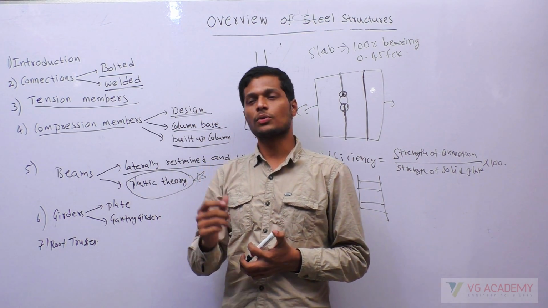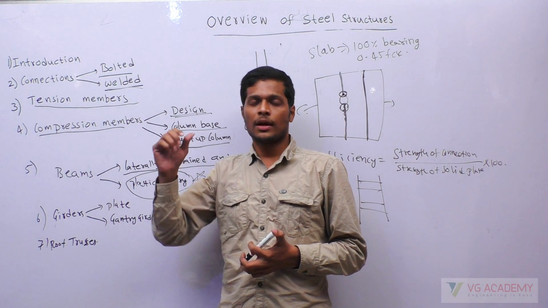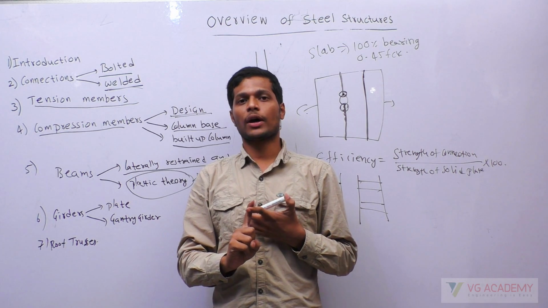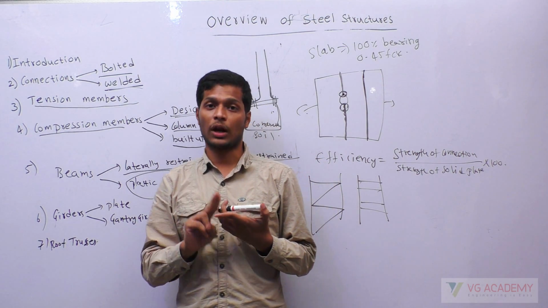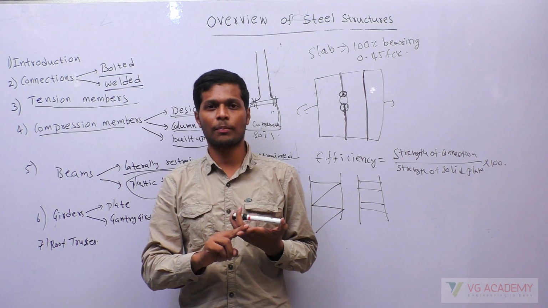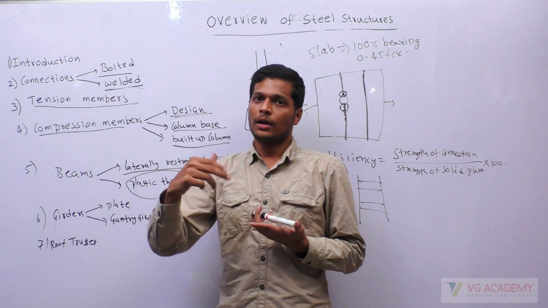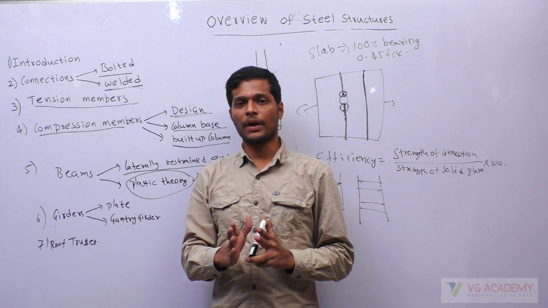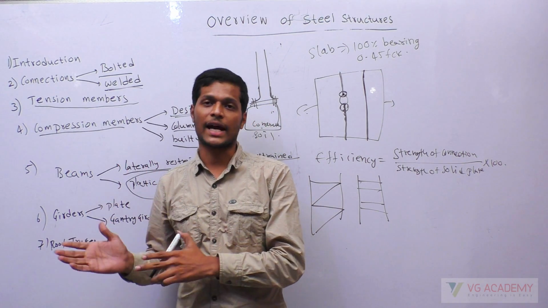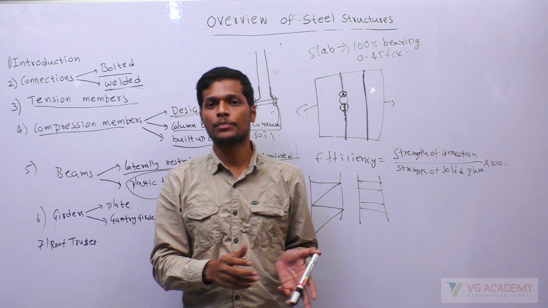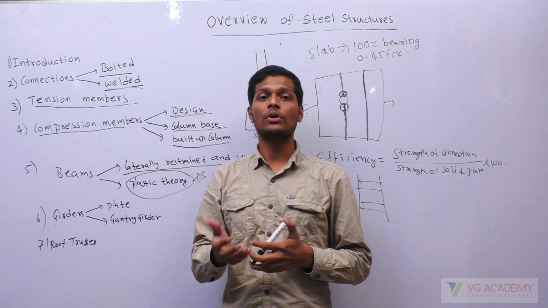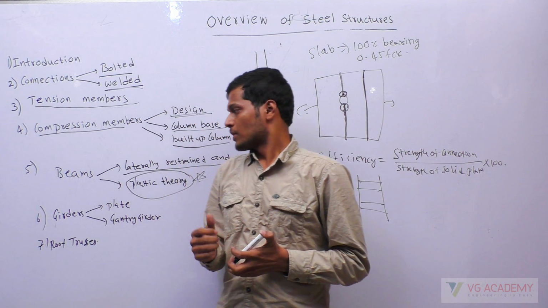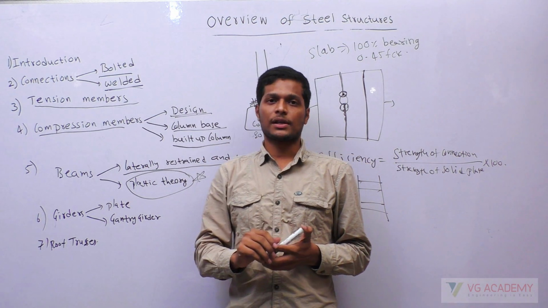For students who are leaving plastic theory, I have given the important shape factors that you have to remember and the important collapse loads. That is the minimum you can remember from plastic theory. But if you can prepare, you should prepare both the static method and the kinematic method, how to calculate the collapse load and also how to calculate the shape factors. So I advise you to prepare complete plastic theory.